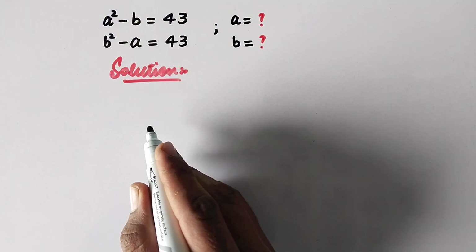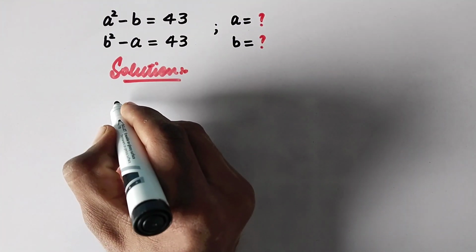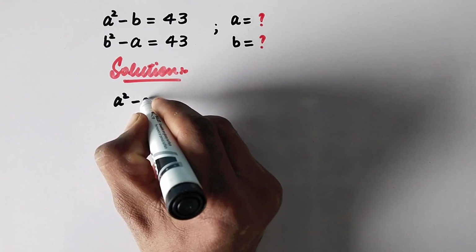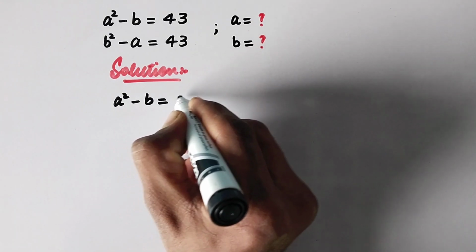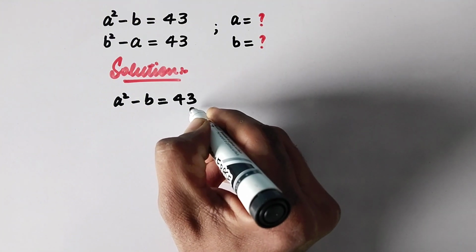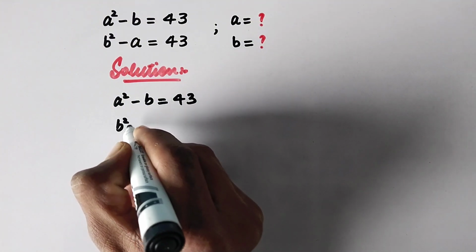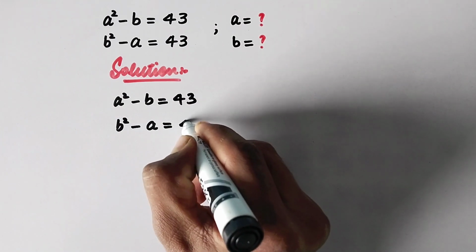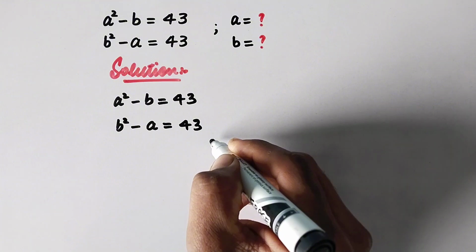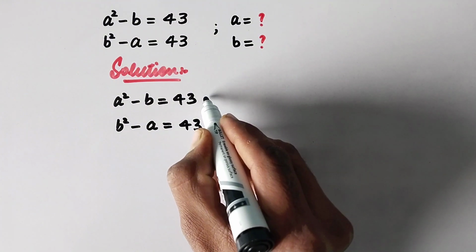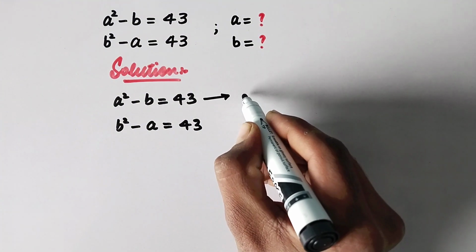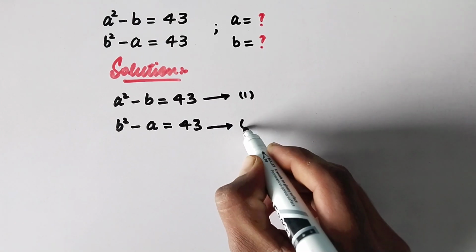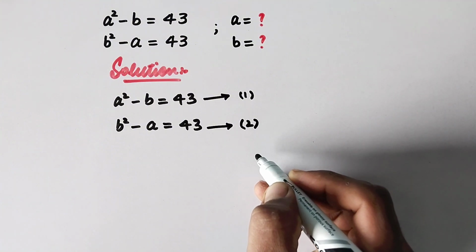So here in the first step, we will rewrite our original equations, that are a squared minus b equal to 43 and b squared minus a also equal to 43, and we will label this as equation 1 and this equation as equation 2.